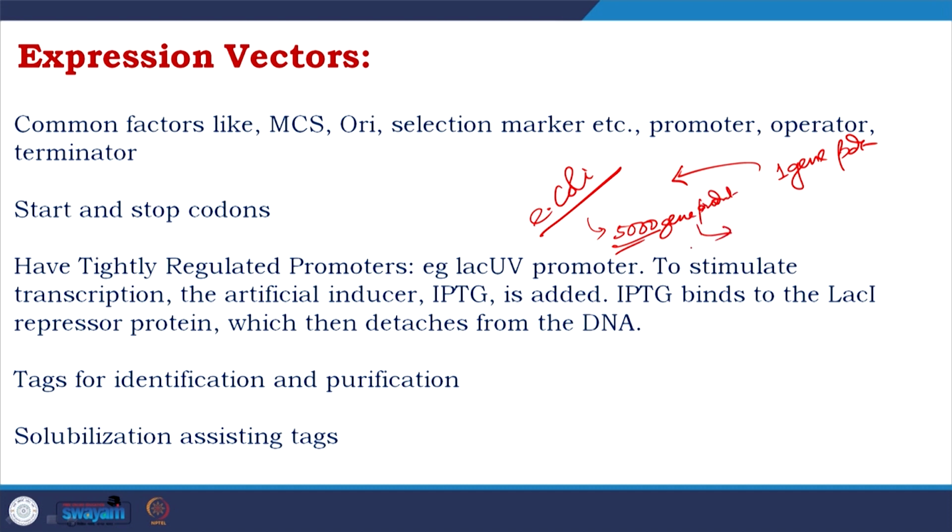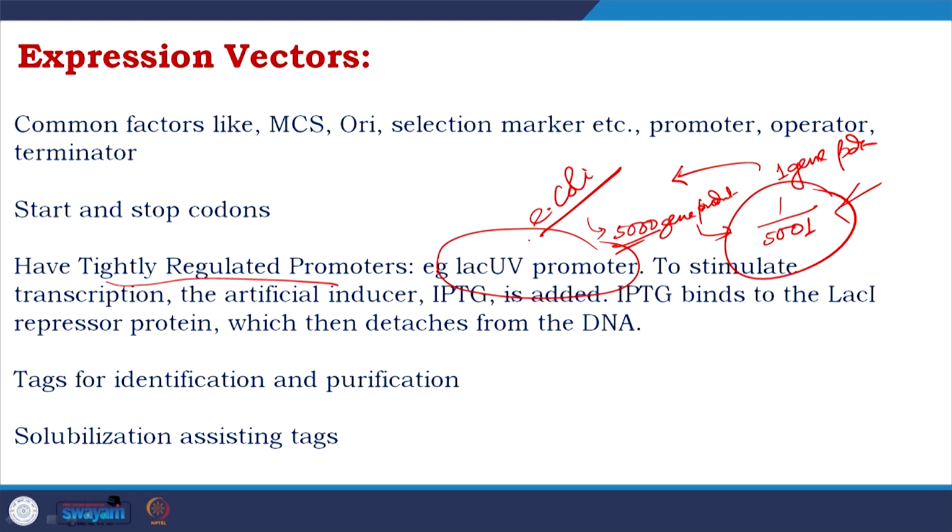So, actually with the law of averages, your product would come at 1 in 5001 of the total mass of protein produced by E. coli. That could not be economical. So, you have to do something. This something is induction, where you generally use the lac UV promoter to stimulate transcription.